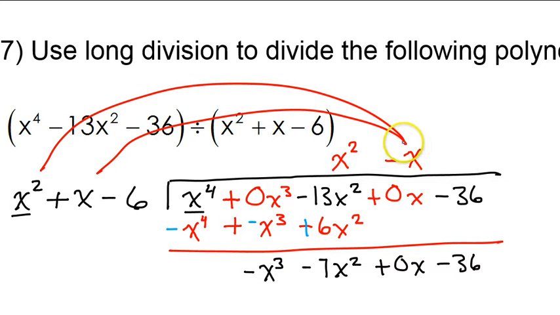Negative x times x squared, of course, is negative x to the third power. Negative x times x is negative x squared. And negative x times negative 6 is going to be positive 6x.